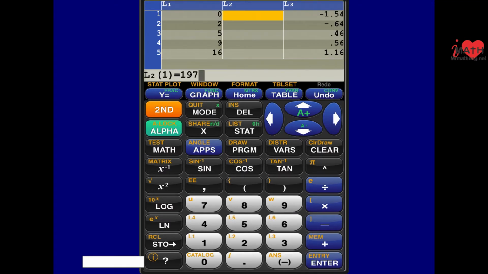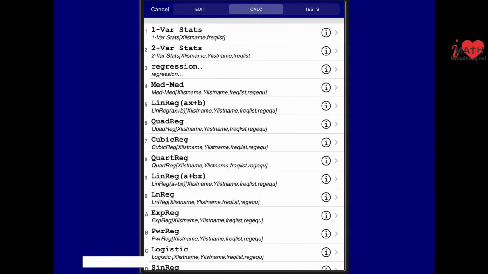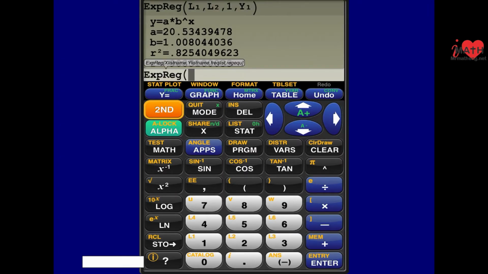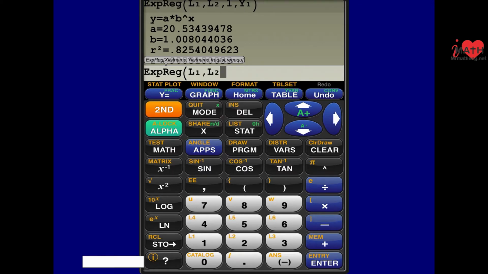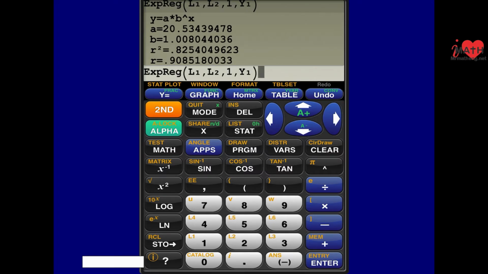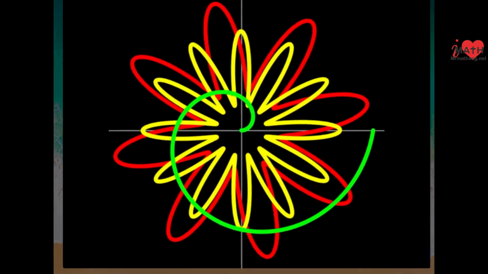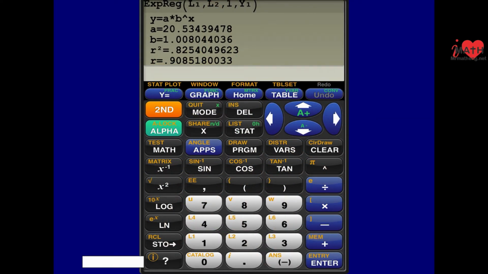And then 197, 225, 290, 400, and 695. Stat, calc, exponential regression, L1, comma, L2, comma, 1, comma, vars, y vars. Crashed again. Oh, please.